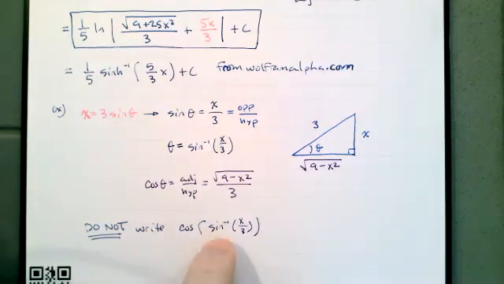I don't know why this notation makes me so angry, but it does. This is one of the pet peeves that you're going to have to deal with me as your professor. Later on, maybe your next professor is totally cool with you writing trash like cosine of sine inverse of x over 3. I don't know, but they'll have some other hang up that I find innocuous.